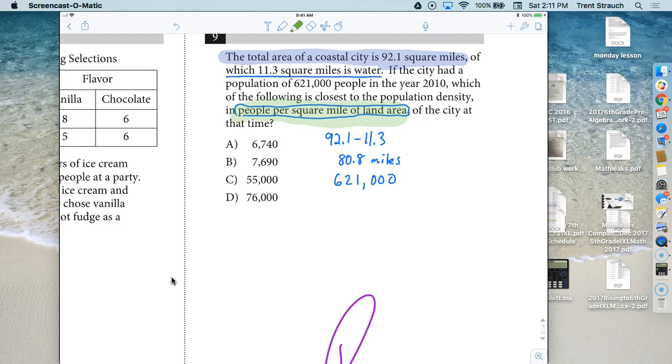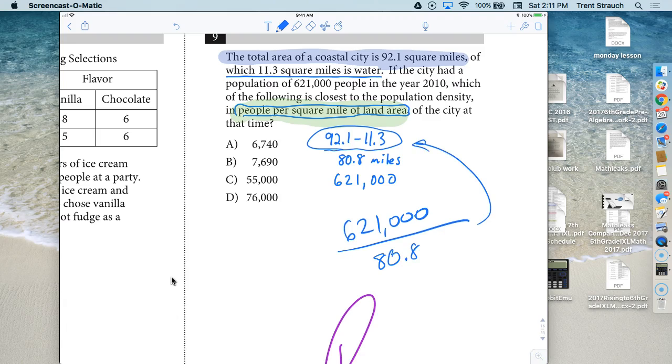So the people were 621,000 per land area. So I had to find the land area. And the land area was 92.1 minus 11.3. Agree with that? And so then that was divided by 80.8, because that's what that was after subtracting.